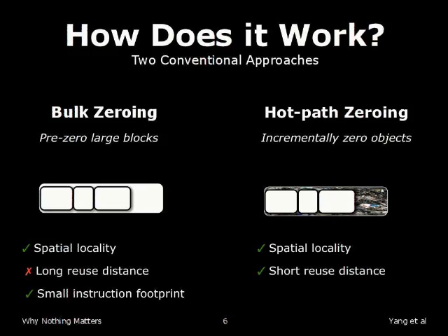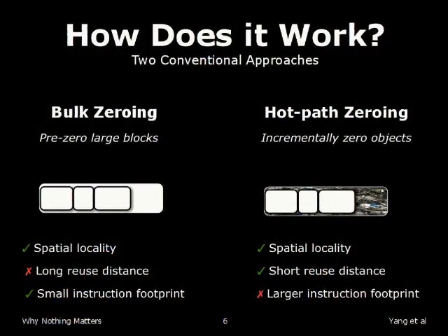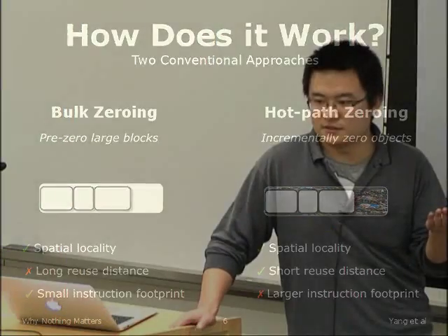And it has short reuse distance because you just zero what you need and start to consume the object you zeroed. But the allocation code is normally inlined into the normal programs, and the zero instructions inside allocation are inlined everywhere, so you get a larger instruction footprint.